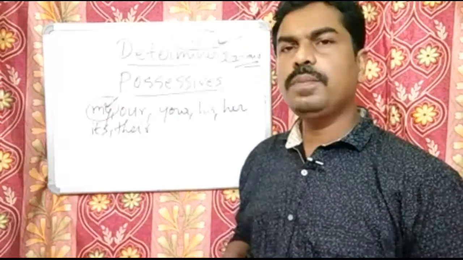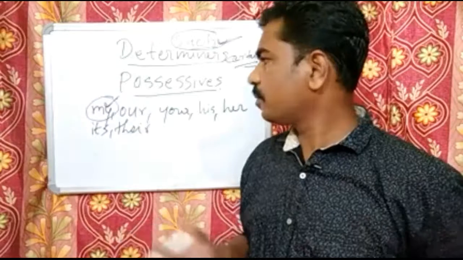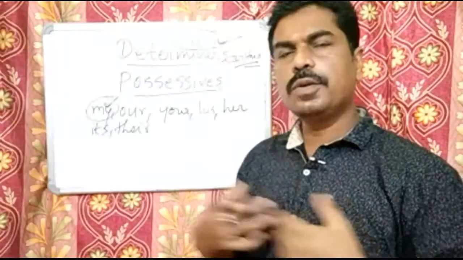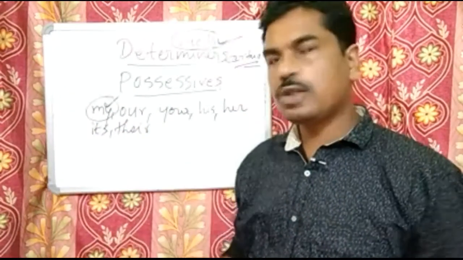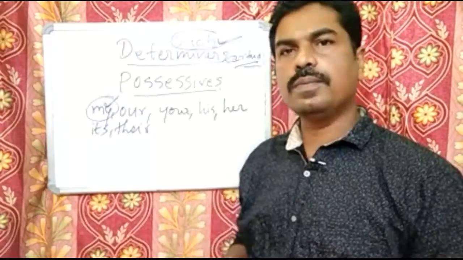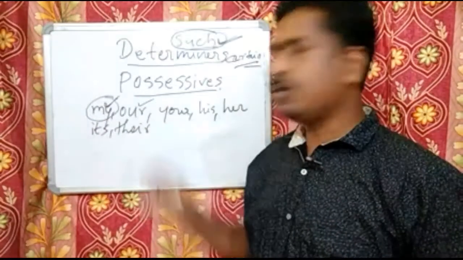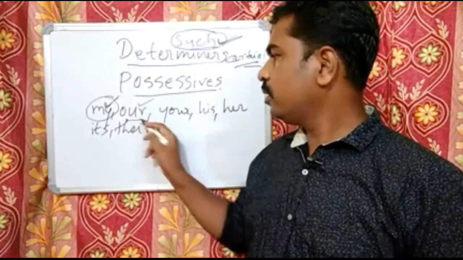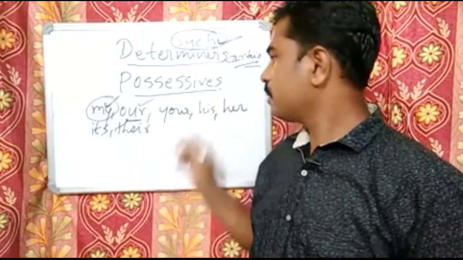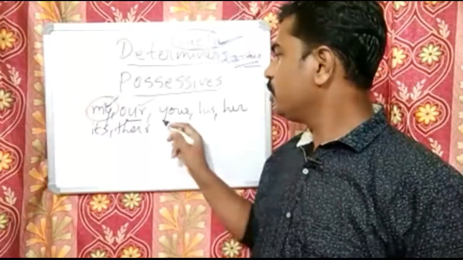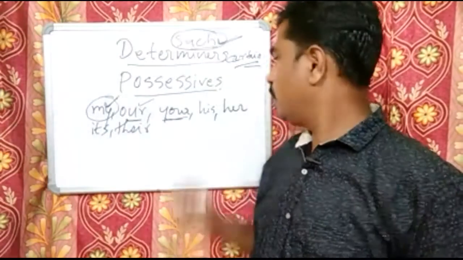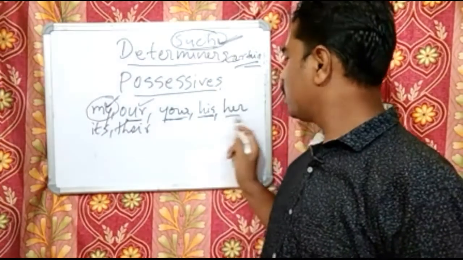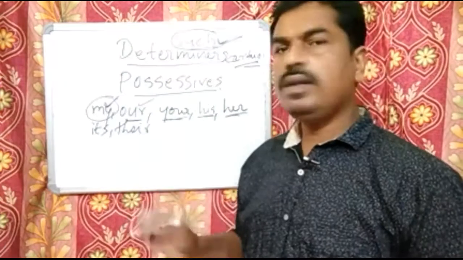And something that belongs to us, okay, I'm also included, you're also included, something that belongs to us. This is our school, our house, our pen, our car. So we'll use our. Something that belongs to you, you will use your. Belongs to him is his, belongs to her, that is her. And its.